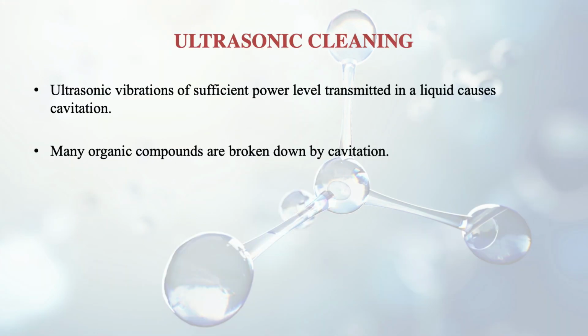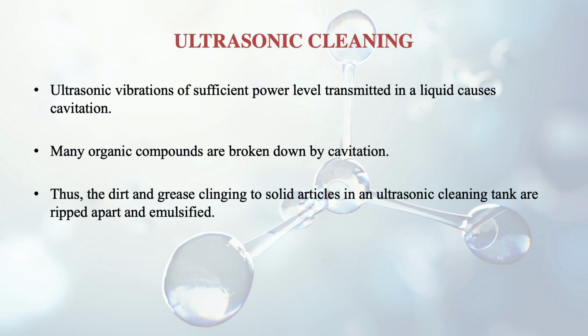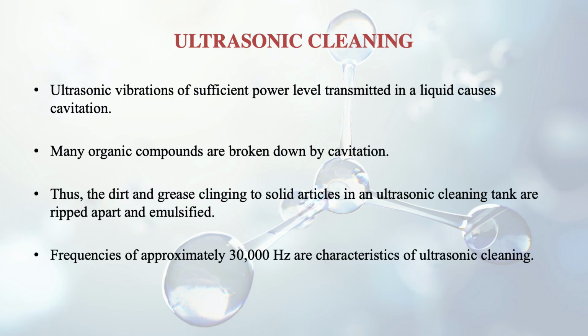So many organic compounds are broken down by this cavitation, and you may have read about cavitation in your fluid mechanics course also. So the dirt and the grease clinging to the solid articles in an ultrasonic cleaning tank are ripped apart and emulsified. Frequencies of about 30,000 Hz, that is 30 kilohertz, very high frequency, are given in this ultrasonic cleaning.